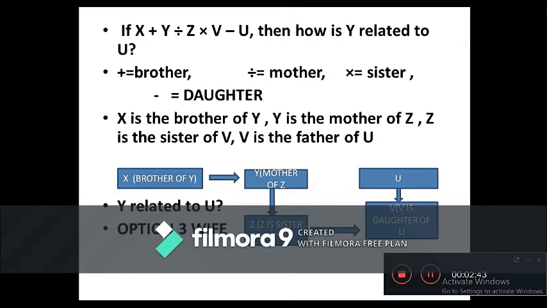Y is the mother of z, z is the sister of v, and v is the daughter of u. Then we got the relation between y and u as husband and wife. Therefore y is related to u as wife. Option number 3 is correct.